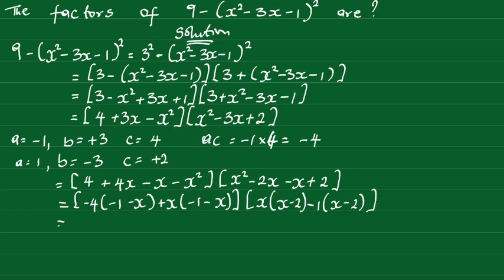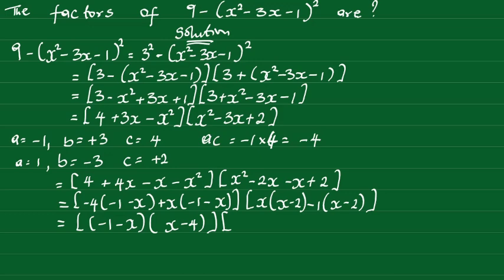Now proceed further. We have from our first bracket, bracket open again, minus 1 minus x, bracket close. We have again x minus 4, bracket close, bracket close.